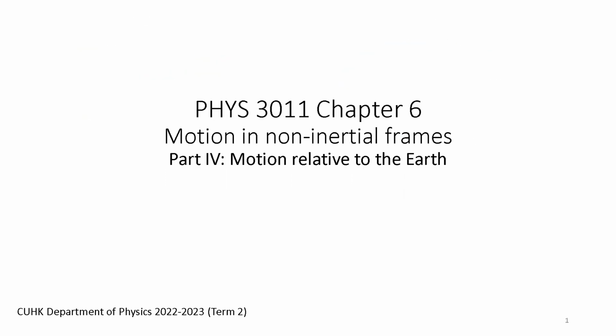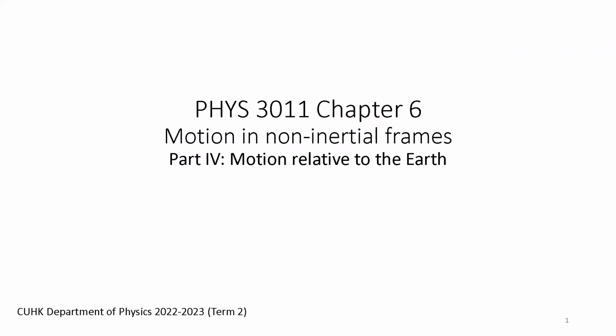This part of the chapter is all about a particle moving on the surface of the Earth. We don't really notice that we are rotating, but in fact we are all living on this giant rotating system.